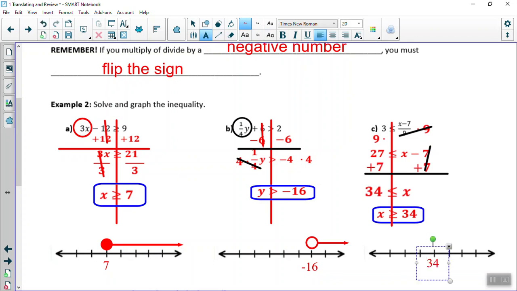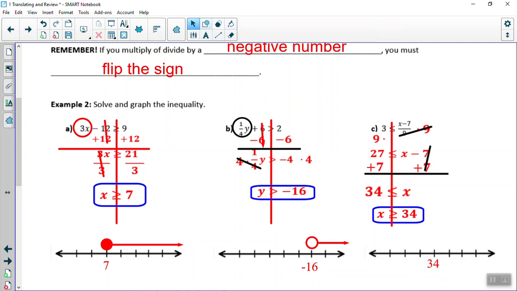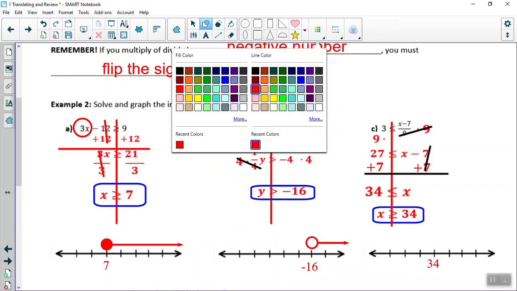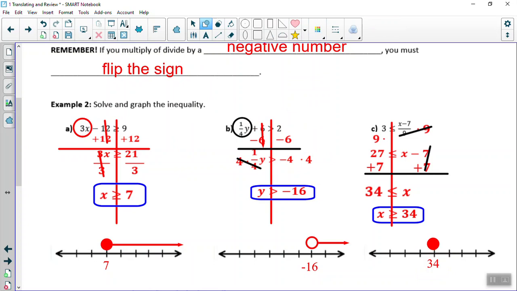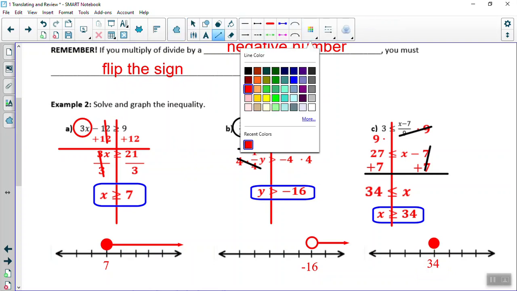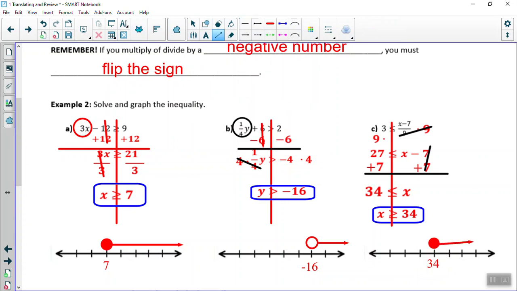So that's right about here. So make that your 34. And now it's going to be a closed circle this time. Because it has that line underneath, it's equal to, and then again it's greater than. All of these ended up going to the right. So just be careful with that when you are working yours out.